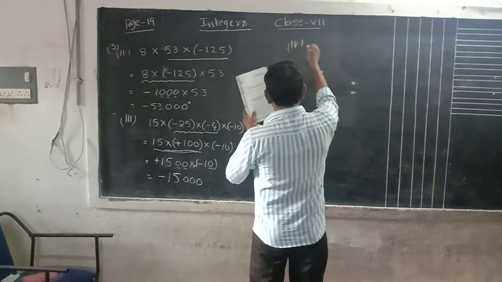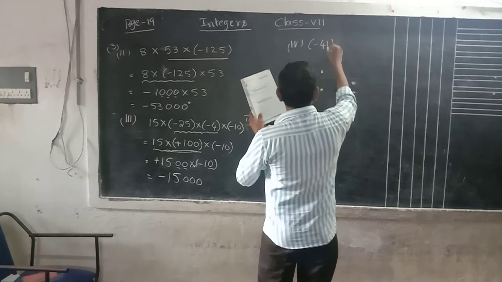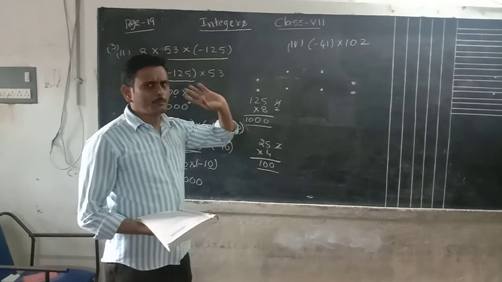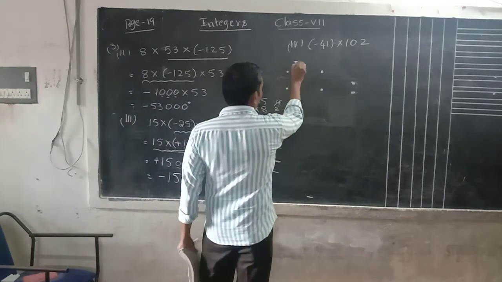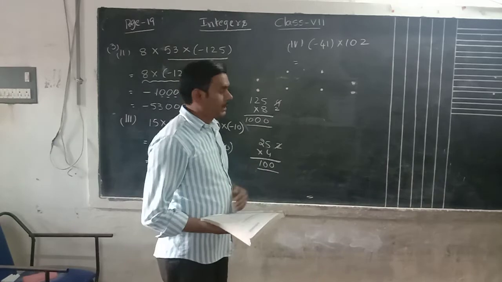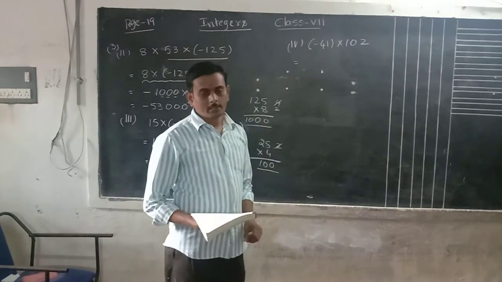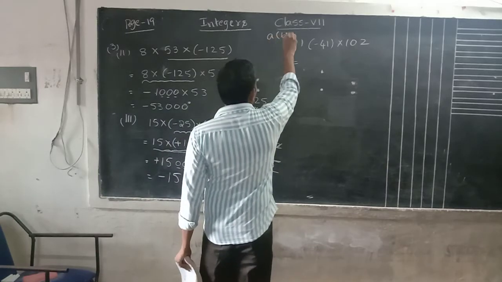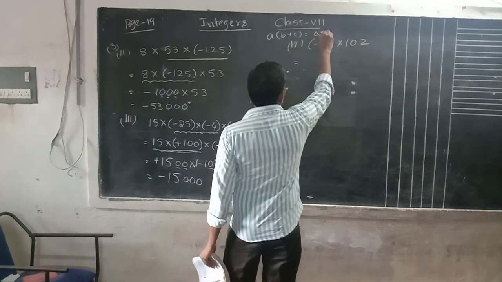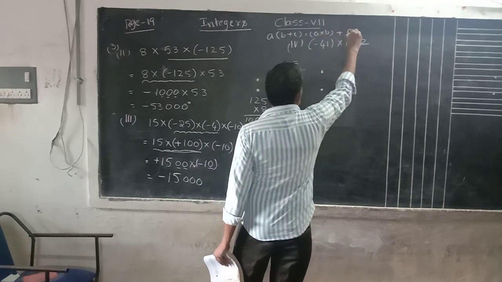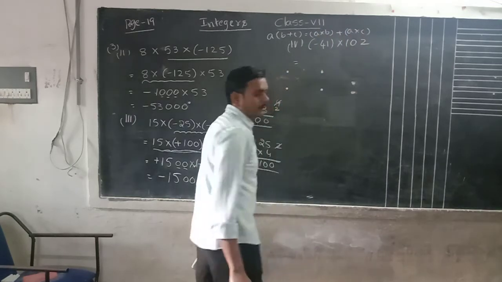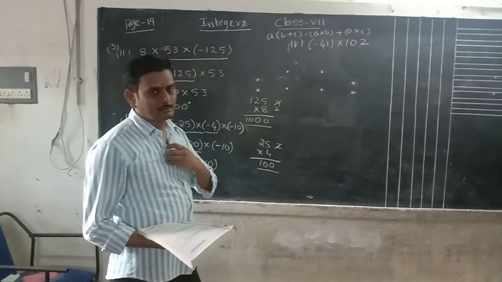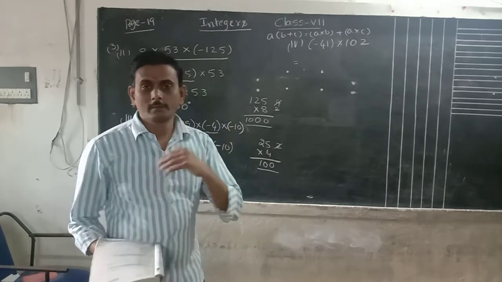The fourth question is a little bit different. Minus 41. Already we know the properties, any one property. Now I want to take the simplest multiplication, so I want to use the distributive property. What is the distributive property? A into (B plus C) equals A into B plus A into C. This is the distributive property of multiplication over addition.